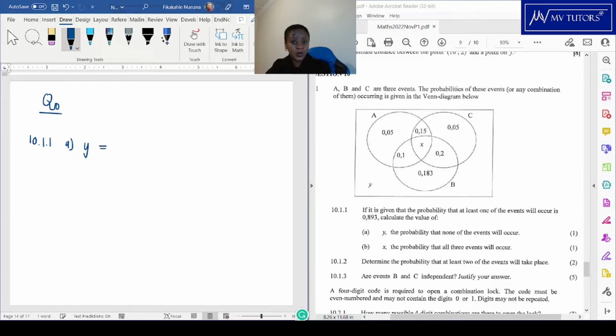So at least one will occur. At most, 3 could occur. Okay, so we see that if 3 of them occur, we get 0,893 at most. And if none of them occur, that's a complement of all the events that occur. Okay, so that's basically 1 minus 0,893.